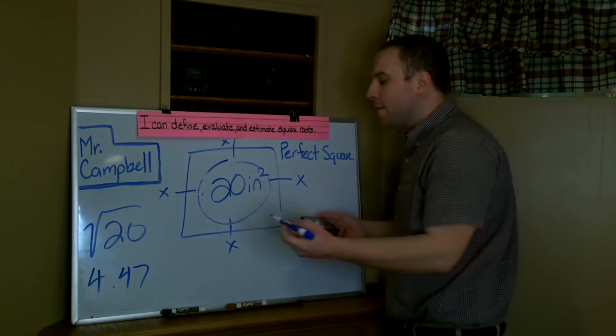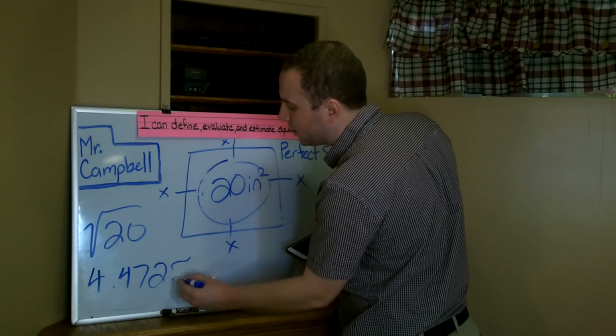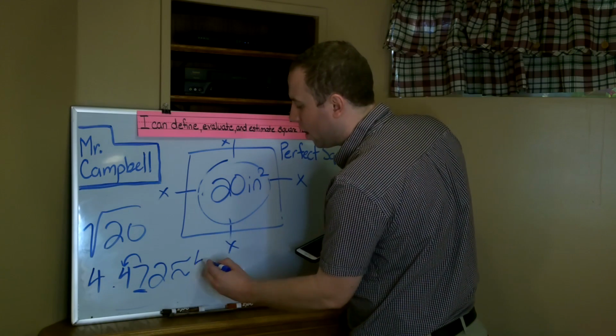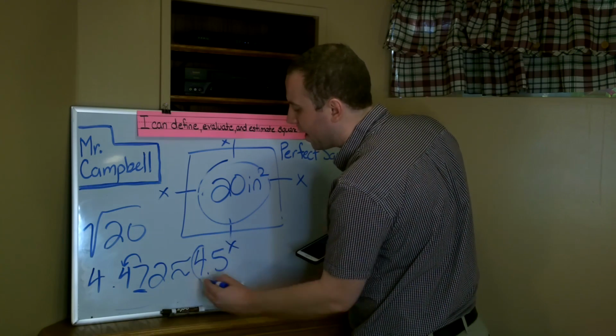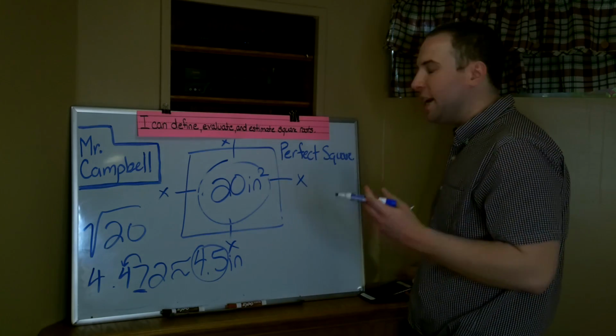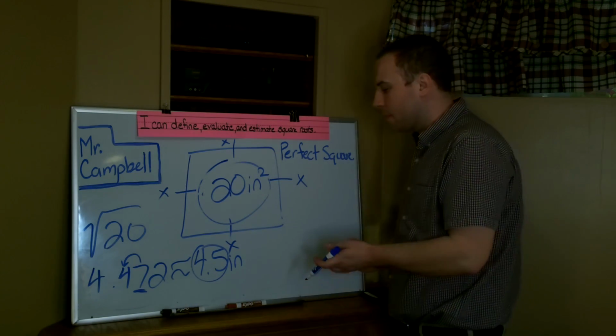So I get 4.472, and if I round it to the nearest tenth, now this 7 is going to raise my 4, so I get 4.5 inches for every single x in my square.